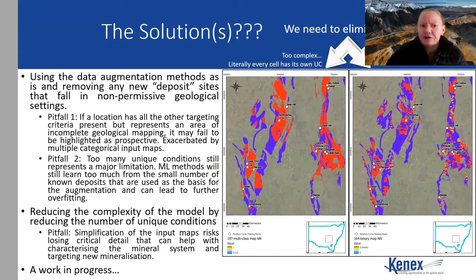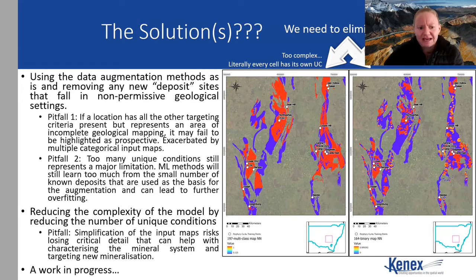Those 135 augmented points are still fundamentally based off learning from those original 15. And so if we've got 10 million unique conditions, which isn't impossible, we've still only got 150 training points, or 300 by the time you include your non-deposit training data, right? That's still quite a limited amount of training points.